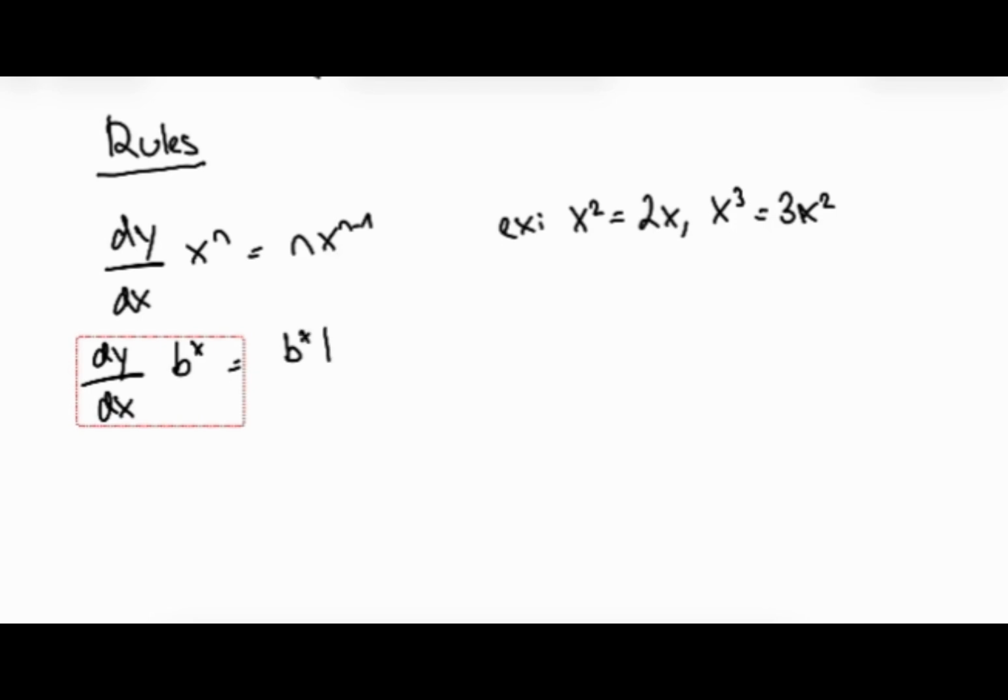Then for exponential functions, you can just take b to the power of x times the natural logarithm of b. For example, the derivative of 2 to the power of x is 2 to the power of x times the natural logarithm of 2.